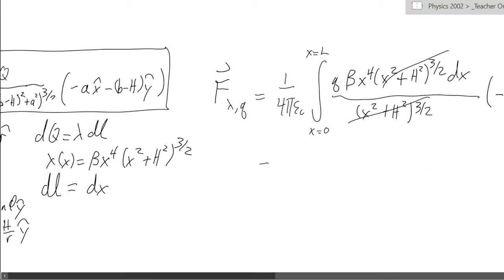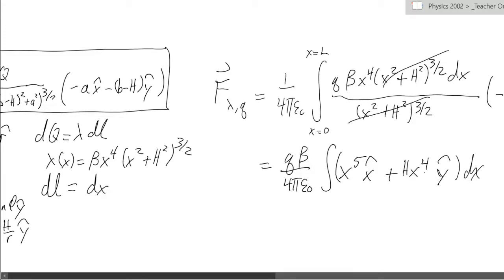So grouping some terms together, this is going to be q beta divided by 4 pi epsilon naught times the integral of x to the 5th x hat plus x to the 4th times h times y hat times dx, integrated from 0 to L. And when we do this integral, we end up finding our final answer for F sub lambda comma q.